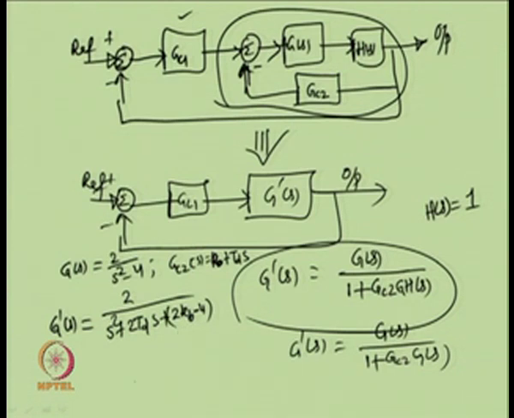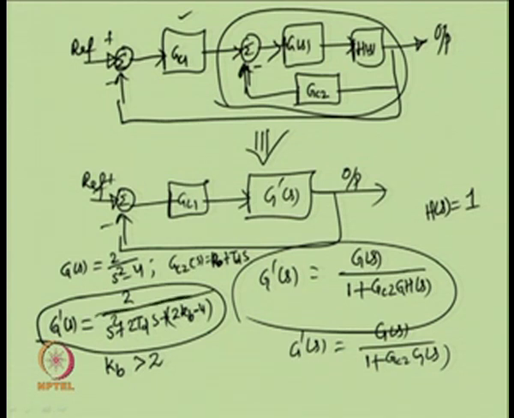Look at this closed loop transfer function, the inner closed loop transfer function. When KB is greater than 2, we get a stable transfer function. G dash s will have poles which are located in the left half of the s plane.